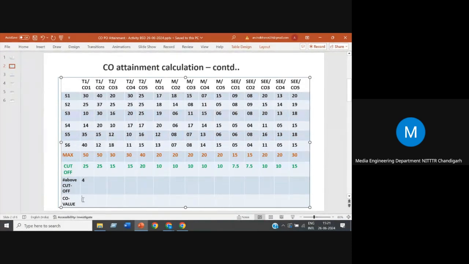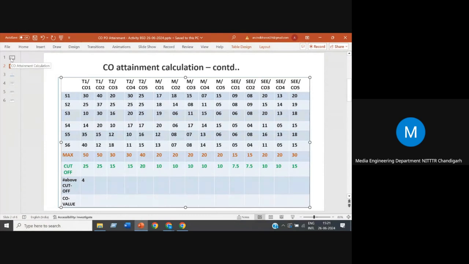The total number of students here is 6, right? So 4 by 6 multiplied by 100. What will be this value? 66. Yes, 66% will be this value.